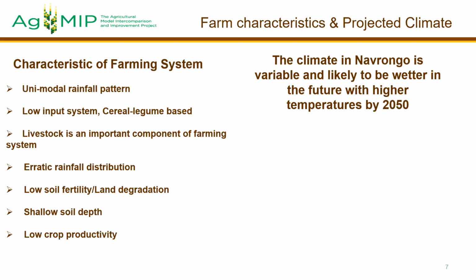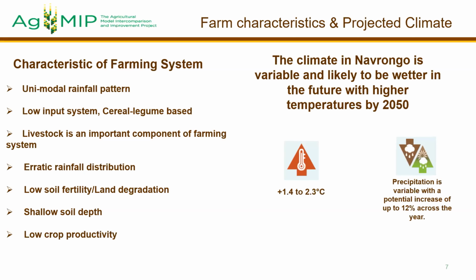If you look at the projected climate for Navrongo, for instance around 2050, the climate is likely to be more variable and wetter in the future, with higher temperatures associated with it.